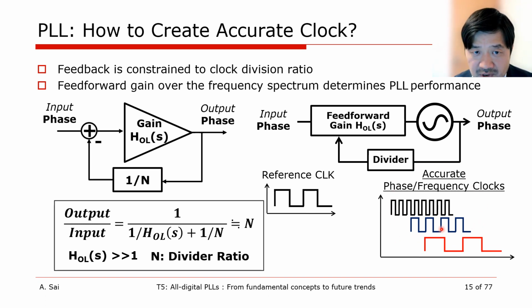The output quality of the PLL is mainly determined by the feed-forward gain and the quality of the VCO. The main topic of this lecture is unravel the flow of technological evolution, such as how various means with the analog or digital circuit have been used to realize these feed-forward gain with small area and low power consumption.